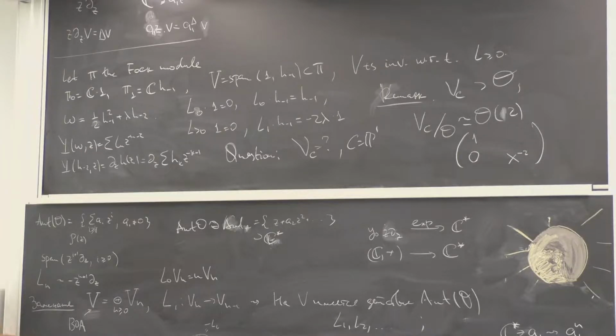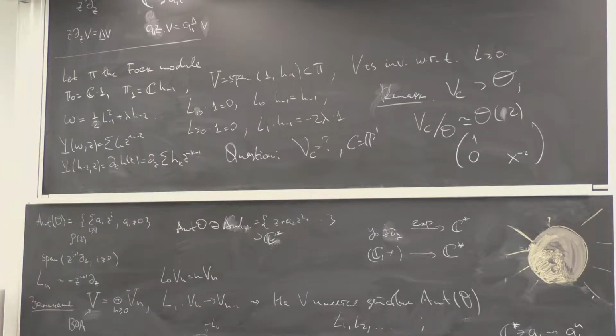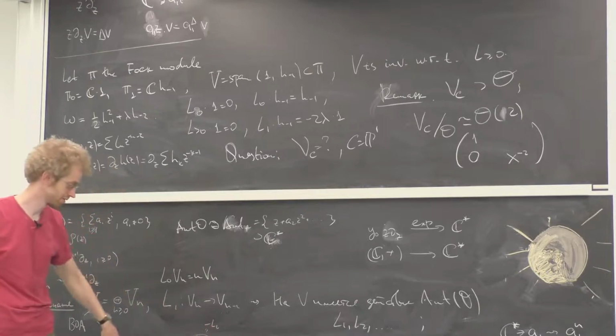No, we need to see how this matrix acts on the second vector, right? It seems to me that everything starts with x minus 2. So we need to take this exponent.